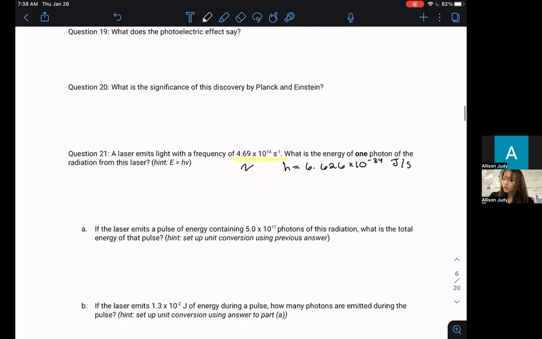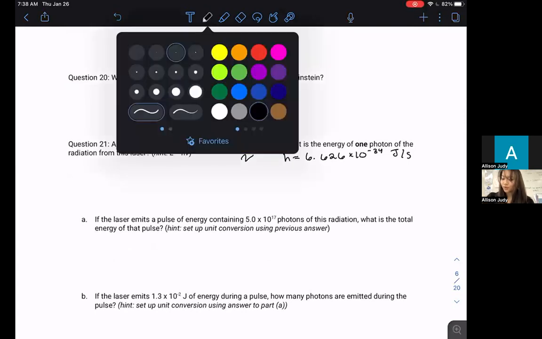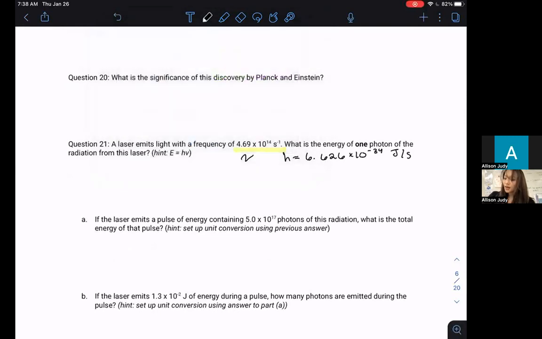So all you do is you have two of the variables, you have one unknown, you plug it in, real basic for those of you that are really good at math, which I was most of you actually based on the pre-diagnostic test. And you say that the energy of this photon is going to be equal to Planck's constant times the frequency emitted when this photon was emitted.